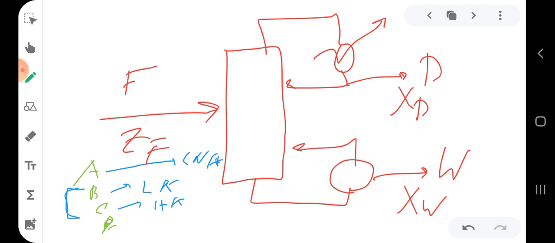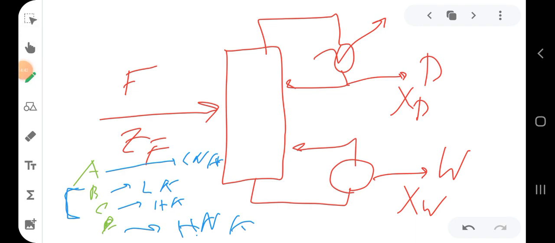Similarly for D, if it is non-key and it is heavier than the heavy key, we can call it HNK, heavy non-key.